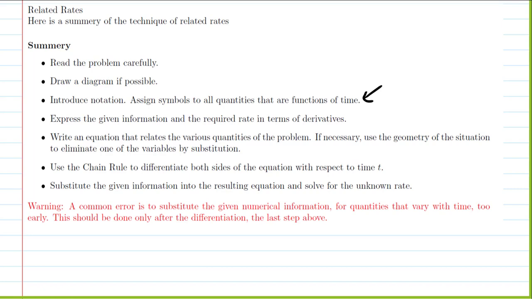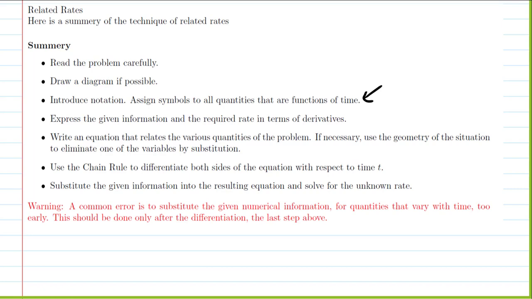In this section, we'll be doing it with respect to time. So we're always going to be getting a d something dt, or that variable prime if we use the convention that we're talking about, time. Lastly, we're going to substitute the given information into the resulting equation and solve for the unknown rate.